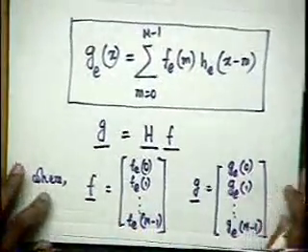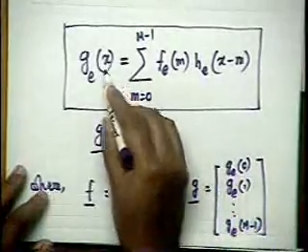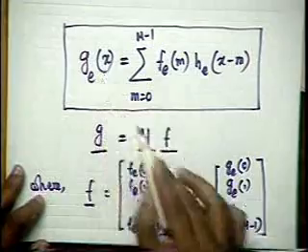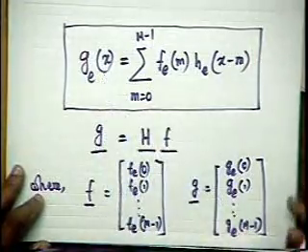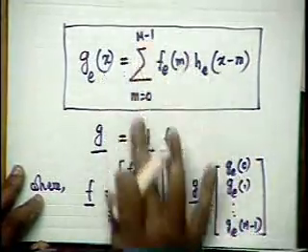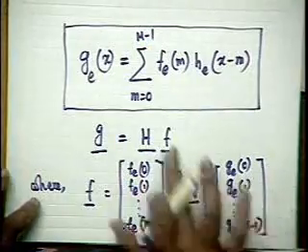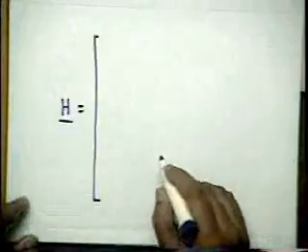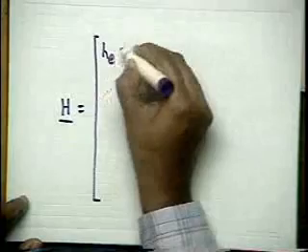So what will be the first row? The first row will correspond to g_e(0), that means x is equal to 0, and there will be capital M number of elements, starting from small m equal to 0 to M minus 1. So can you tell me the first row elements? First row, first element? h_e(0).